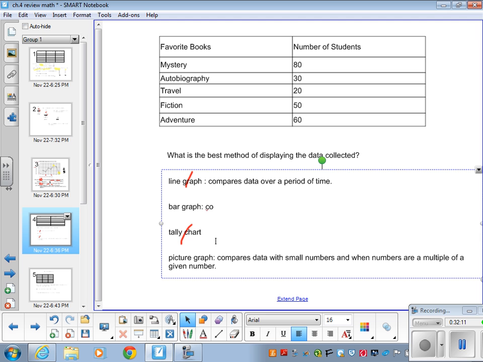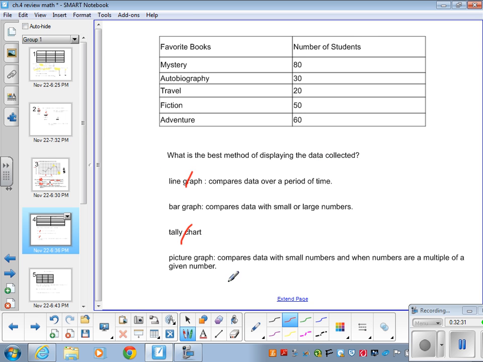But a bar graph compares data with small or large numbers. And I think I even remember seeing in our book something about favorite sports, and they used a bar graph. So, the best method of displaying the data collected is the bar graph.